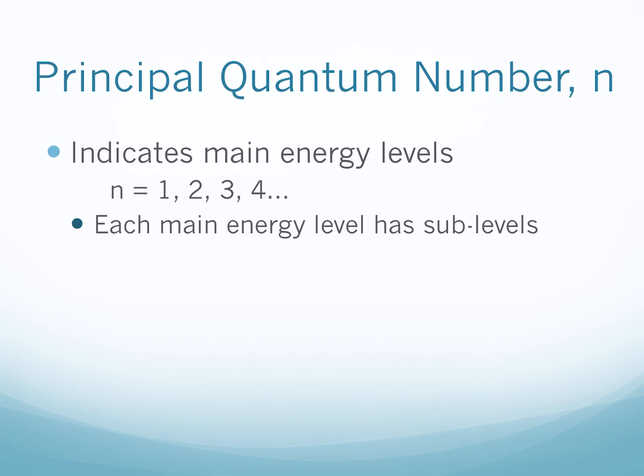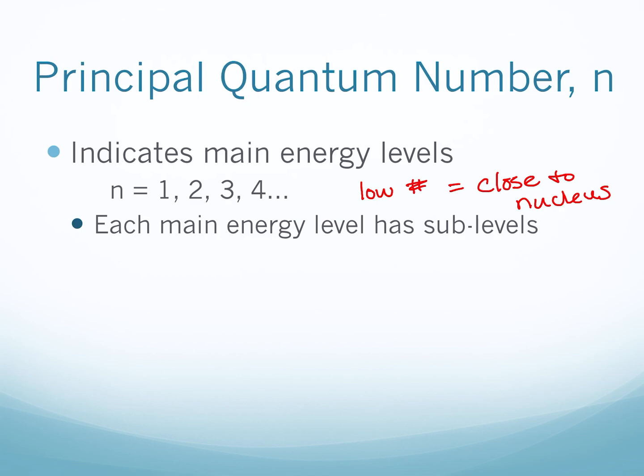This tells you the distance from the nucleus. Lower numbers will correlate to closer to the nucleus. Bigger numbers are farther out. And each main energy level has these sublevels that we're going to talk about. But like I said, low numbers means close to the nucleus.